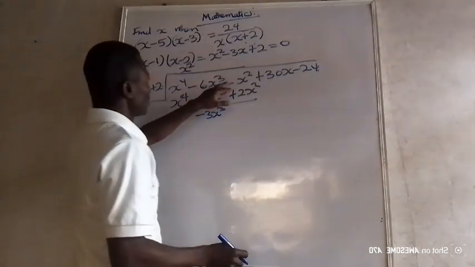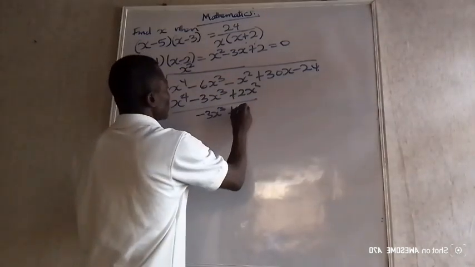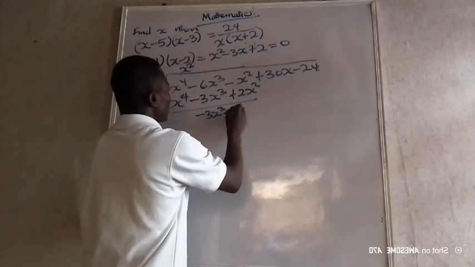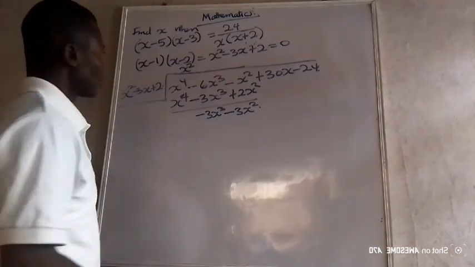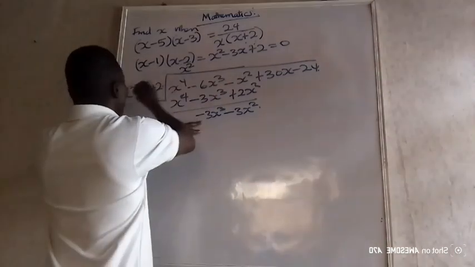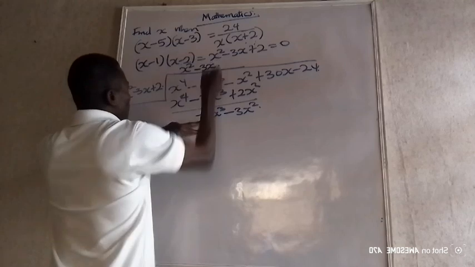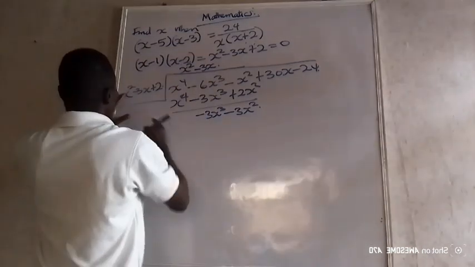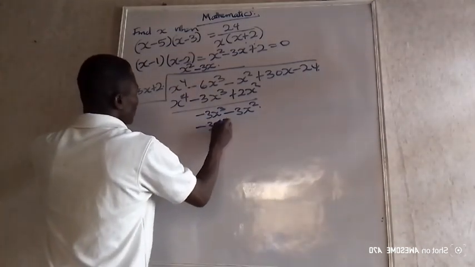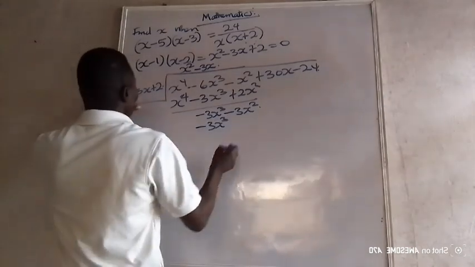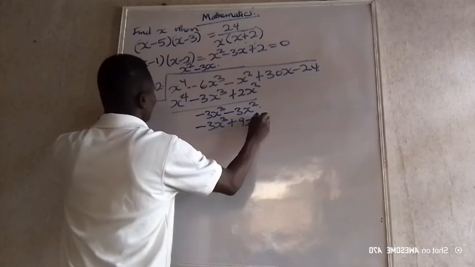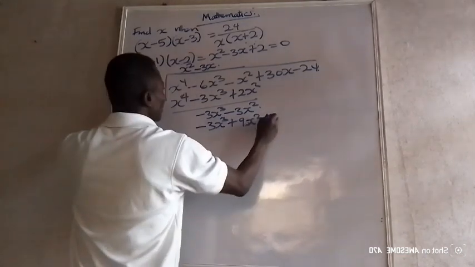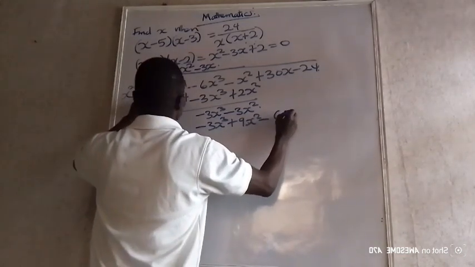This one now too, I am subtracting minus 3x squared. Now, I'm going to have minus 3x here. Minus 3x, so that's going to be minus 3x cubed. This one is going to give me plus 9x squared minus 6x.